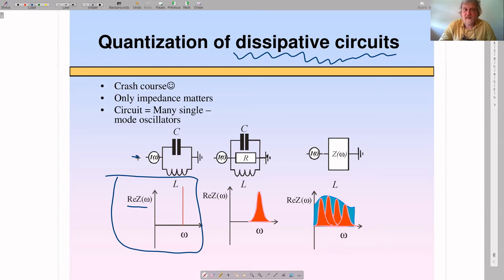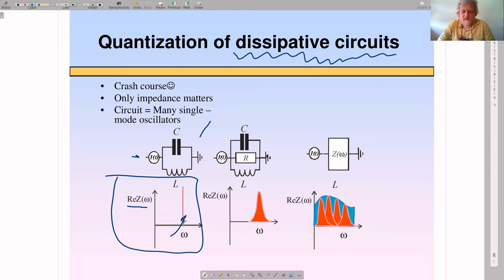And you concentrate on the real part of the impedance, which gives you dissipation. So for an ideal oscillator, the real part of the impedance is just delta functions. That's what we remember. It just means that the oscillator can absorb only quantized energy.